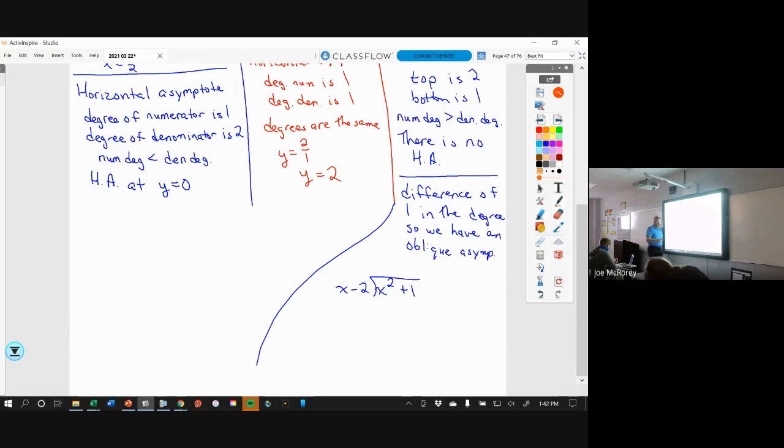So, long division. X times what is x squared? X. X goes into x squared x times. Now I'll take that x and multiply it by x minus 2. X times x, x squared. X times negative 2, negative 2x. In long division, what's the next step that we do? Subtract, but that's not how I do it.